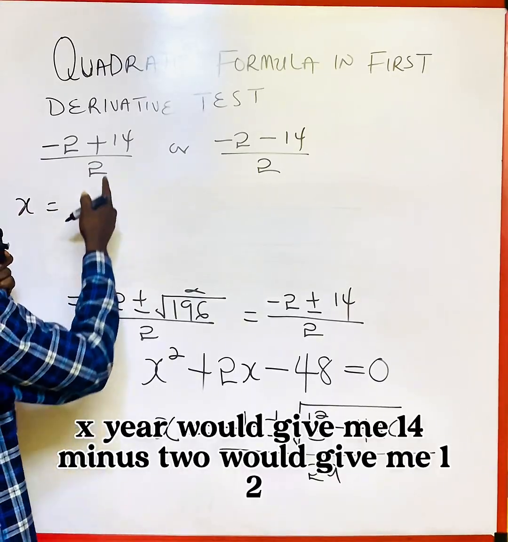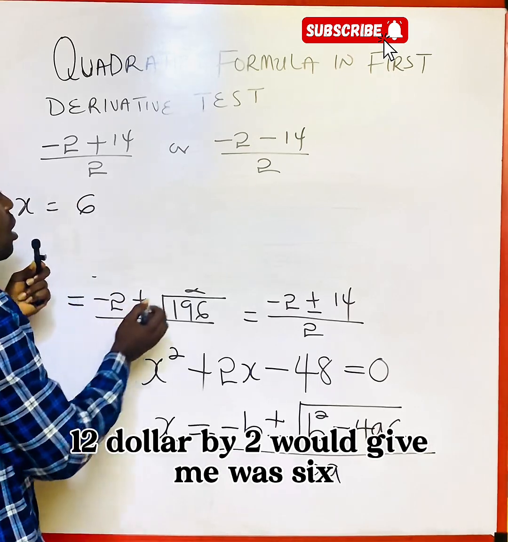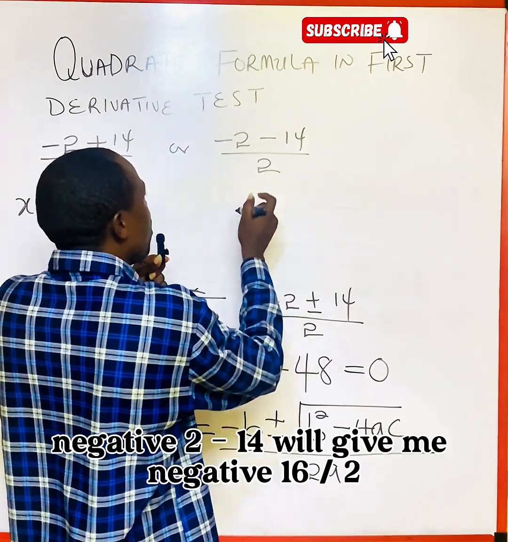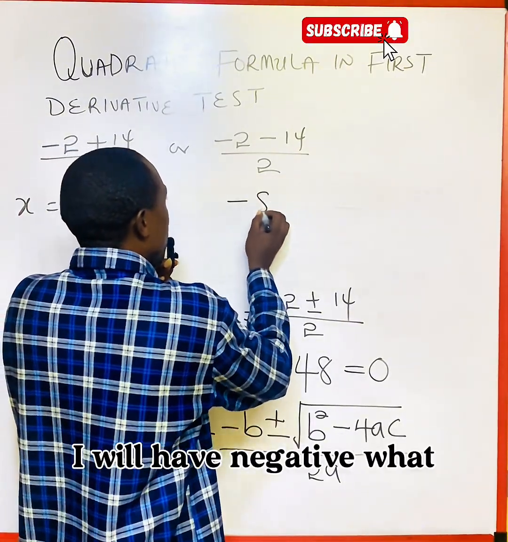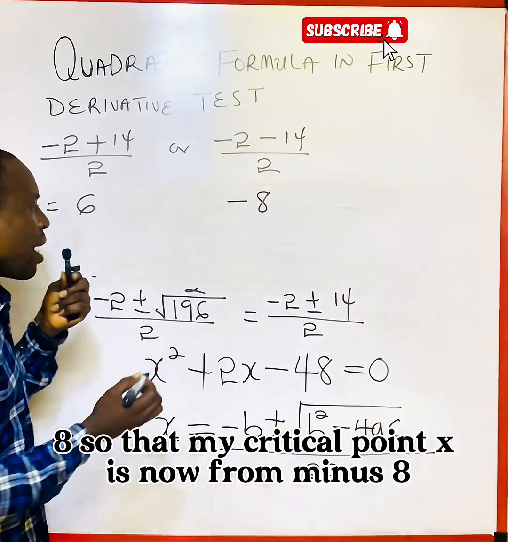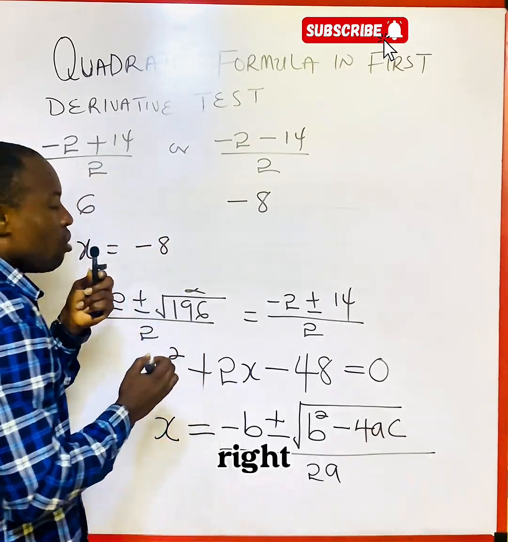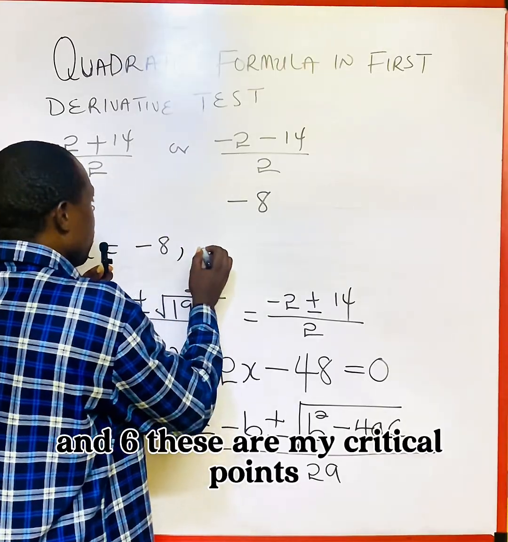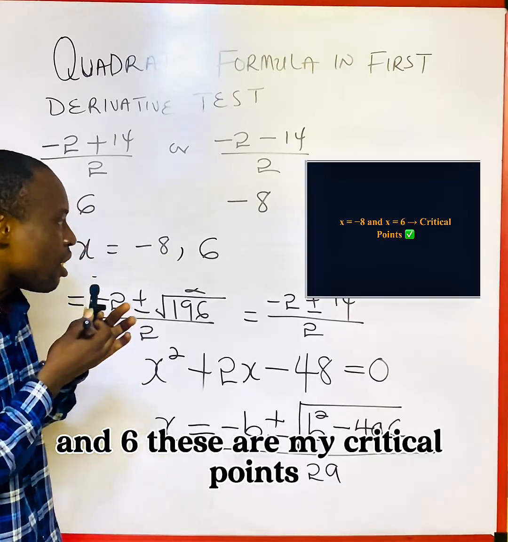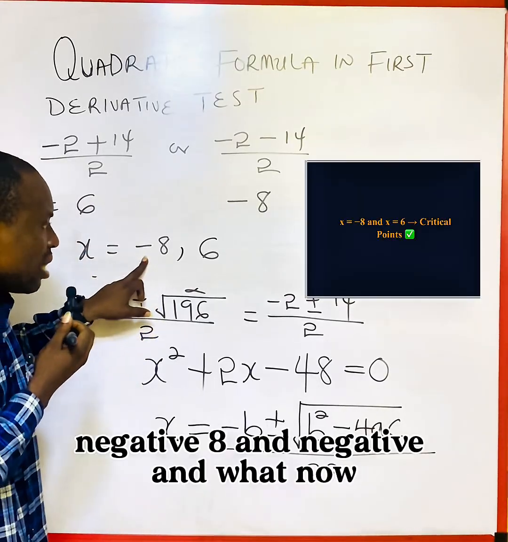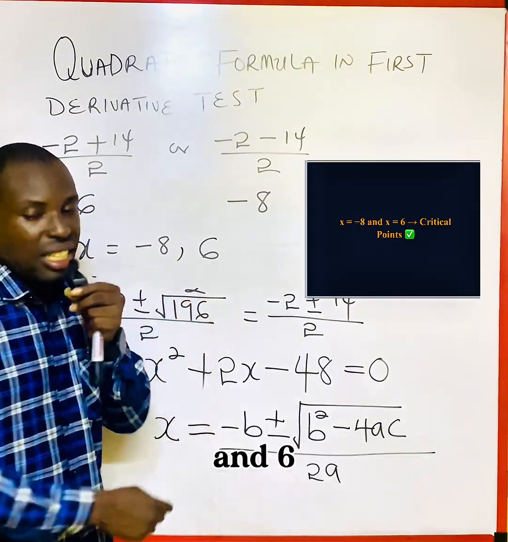X here would give me 14 minus 2 would give me 12, 12 divided by 2 would give me 6. Negative 2 minus 14 would give me negative 16 divided by 2, I will have negative 8. So that my critical points are x equals negative 8 and 6.